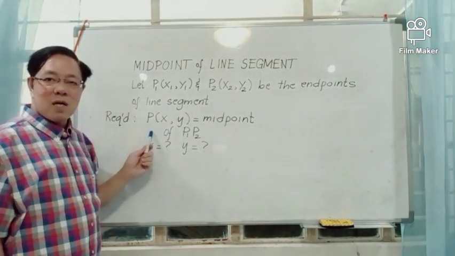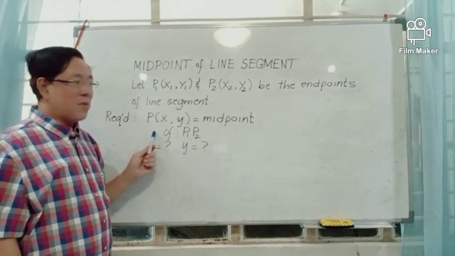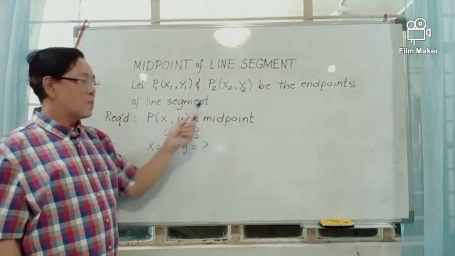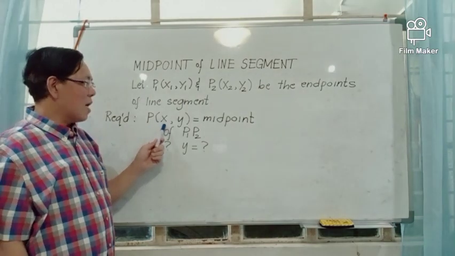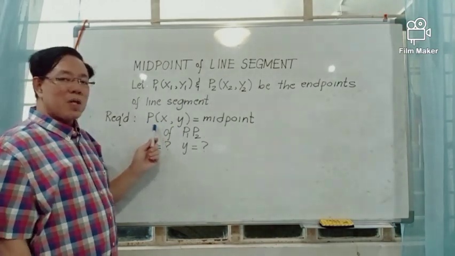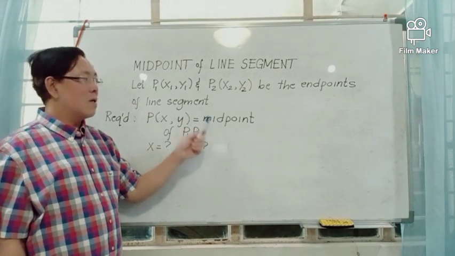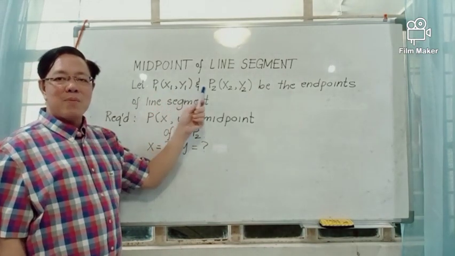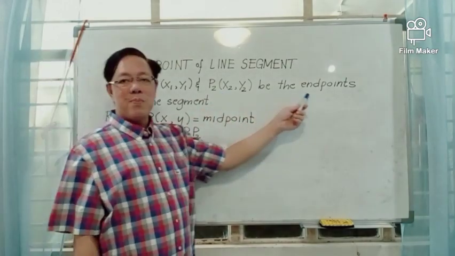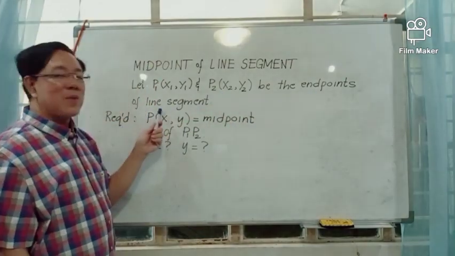We denote the point halfway between P1 and P2 as the point P with coordinates x and y. This point P is the midpoint, the point halfway between P1 and P2, the endpoints of the line segment.